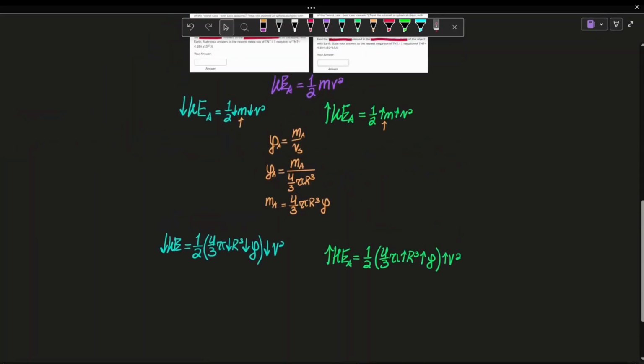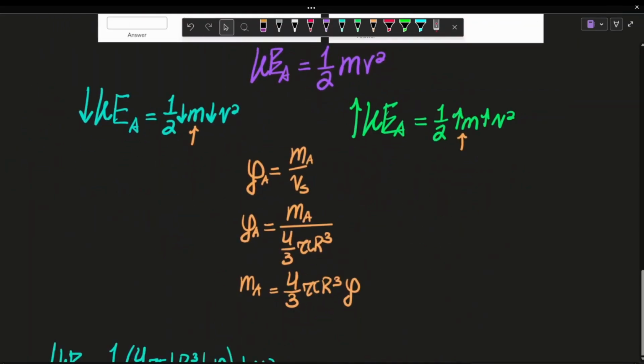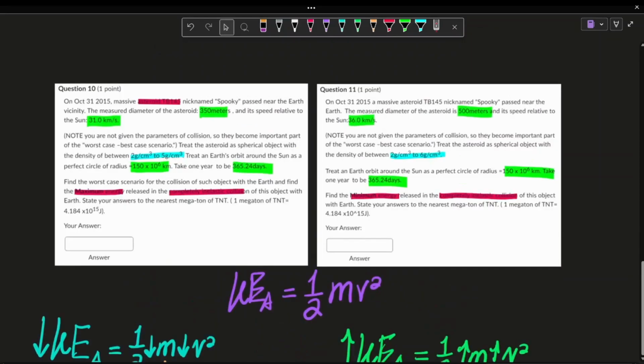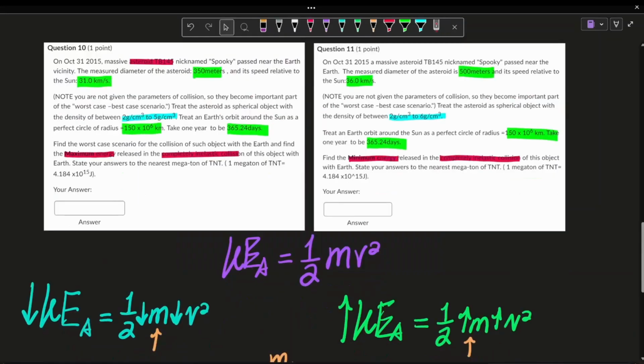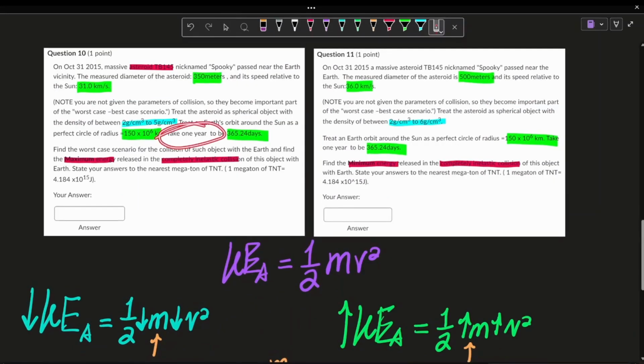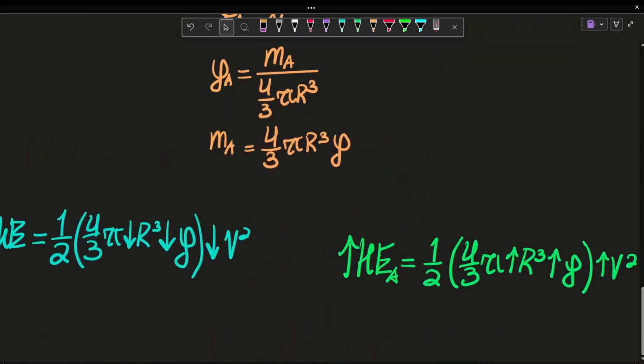Alright, now we move on to finding the velocity of the actual object. So here, we have both situations, the speed relative to the sun. We know that both of these speeds are relative to the sun, and that the Earth also has some velocity. So let's write that down.